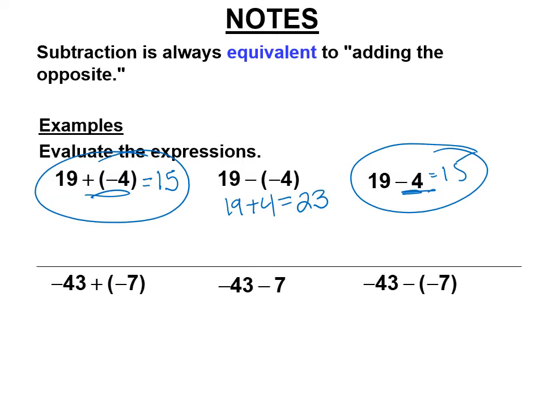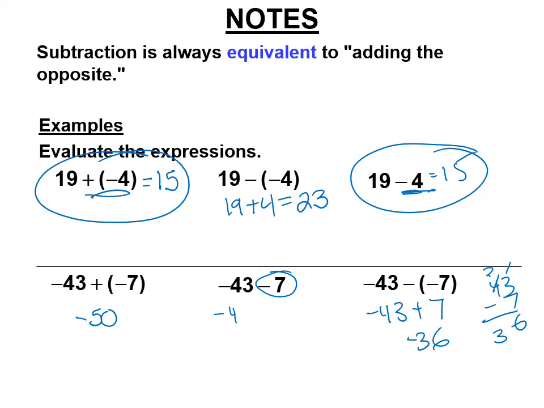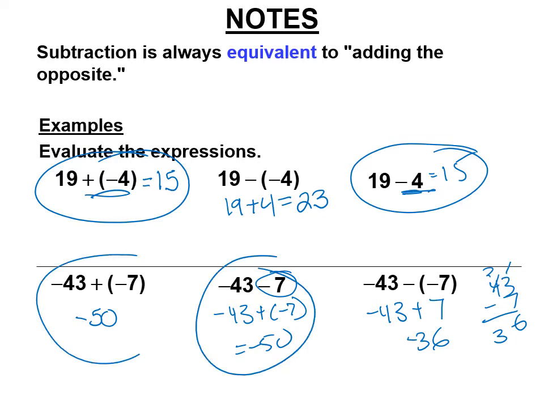Let's do that again. So negative 43 plus 7, well, 43 minus 7, that's negative 36, so that's not the same. So subtracting 7 is the same as adding negative 7. Oh, these two are going to be equivalent.